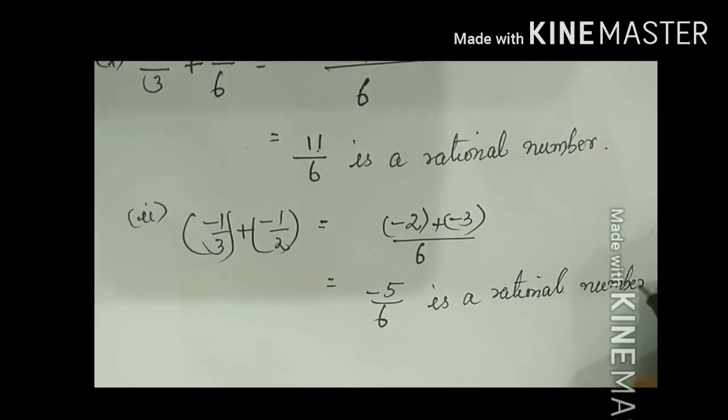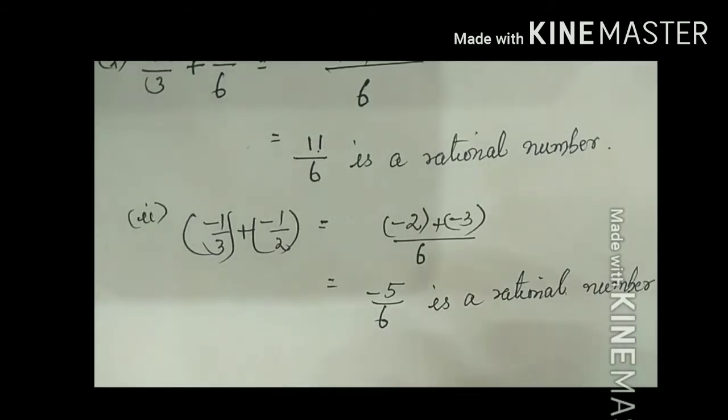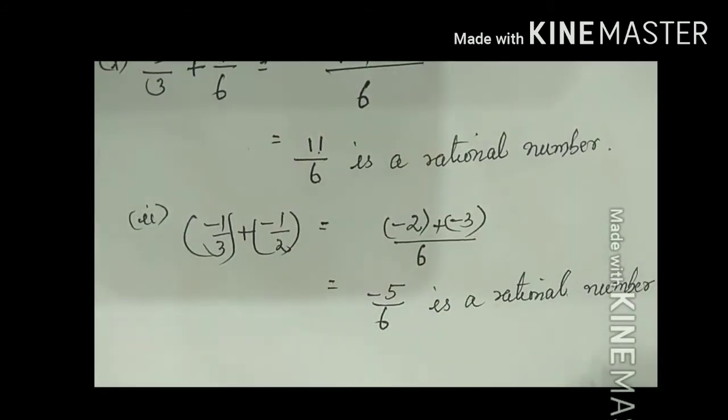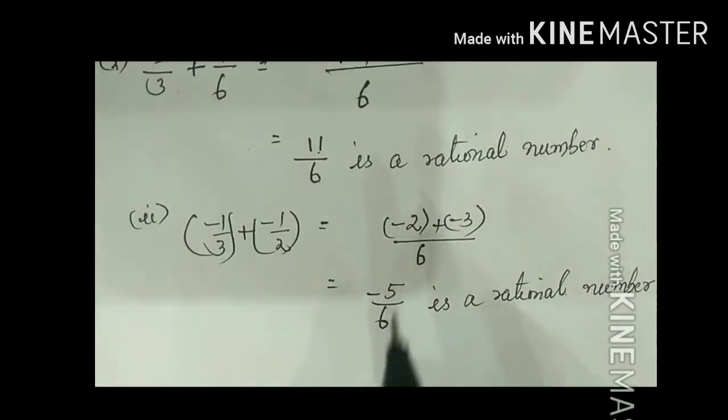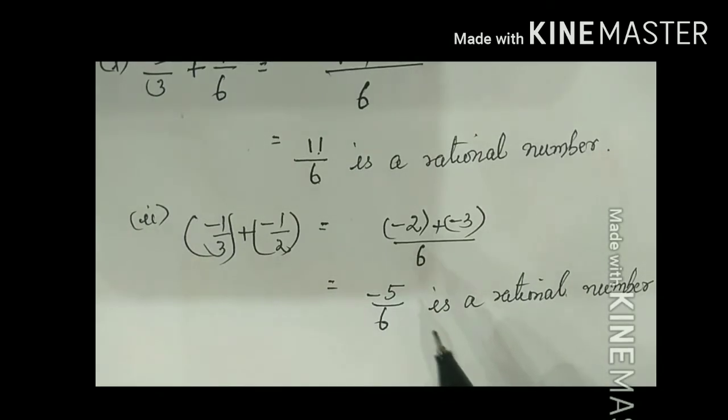So what can we conclude? This is the conclusion: when you take any two rational numbers and add them, the result will also be a rational number.